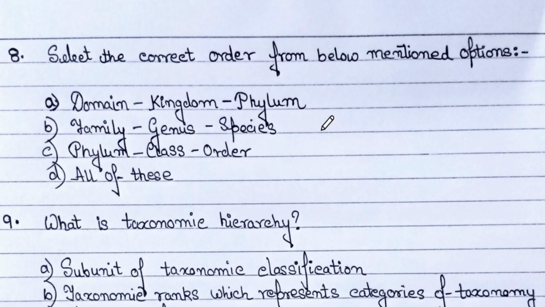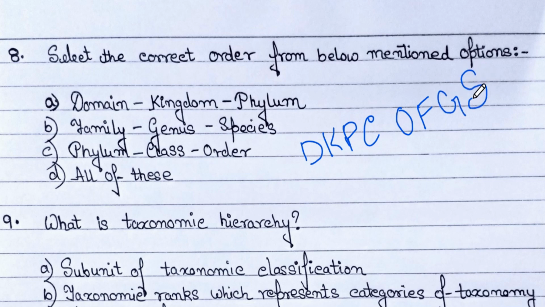Now, let us come to question number 8. Select the correct order from below mentioned options. Here we can again use our trick. DKPC OFGS. Domain, kingdom, phylum. Do we have domain, kingdom, phylum?